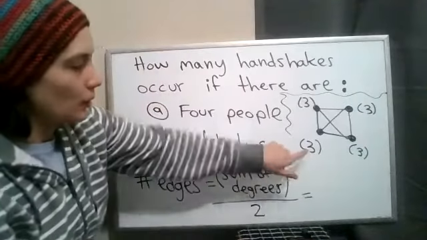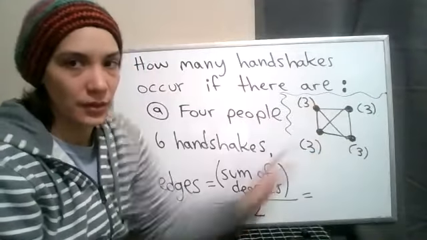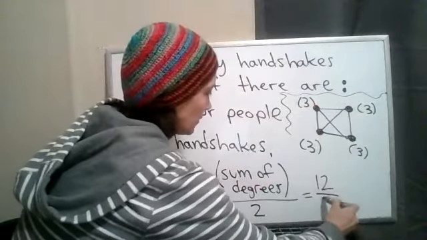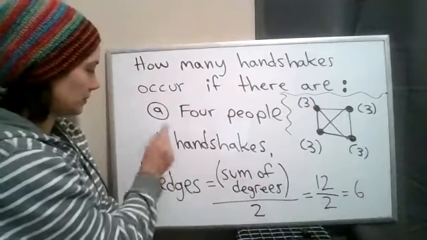We'll just count. So 1, 2, 3, 4, 5, 6, 7, 8, 9, 10, 11, 12 degrees total. So that's adding up all of the degrees. And then divide by 2. Okay, cool. I got 6.